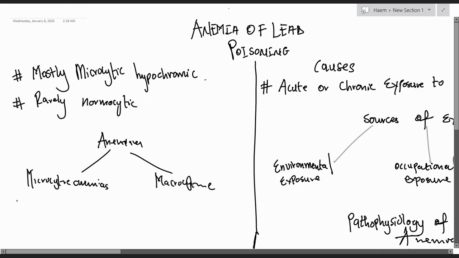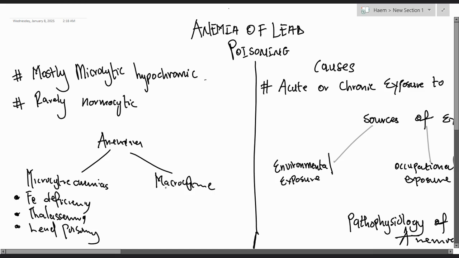So under the microcytic anemias, we talked about iron deficiency anemia, we talked about the thalassemias. Then we have the lead poisoning, anemia of lead poisoning.